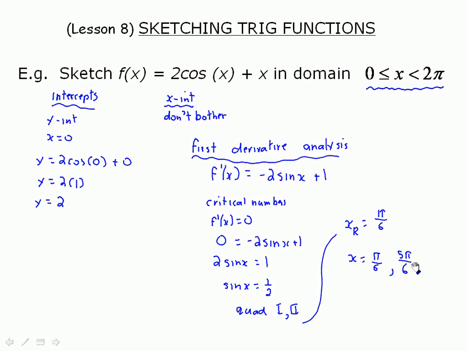Now we do the interval analysis. I'm going to get a little more space to work on. We set it up the same way we do everything else. I'm going to have to freehand this one in. The only factor we have is negative 2 sine x plus 1. You could reverse that if you wanted.